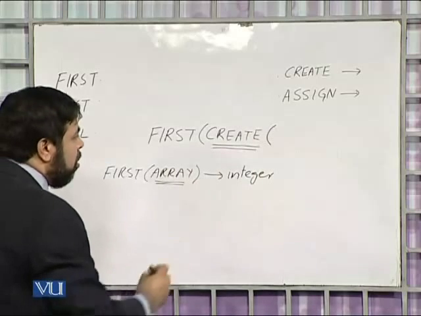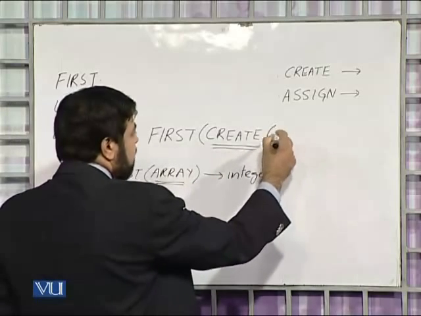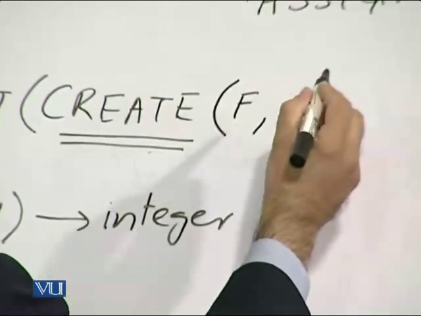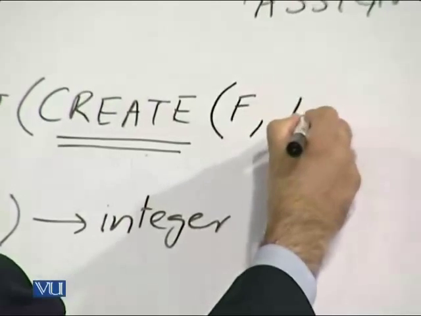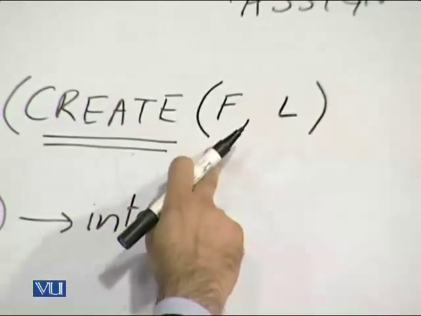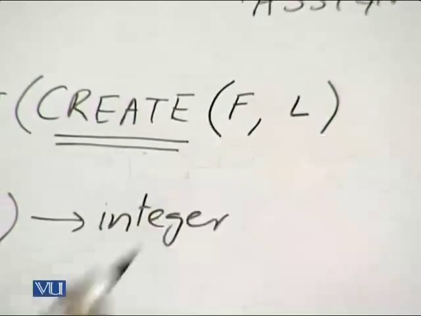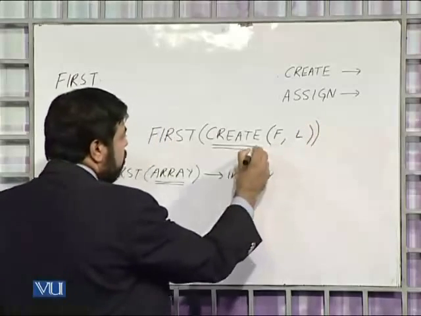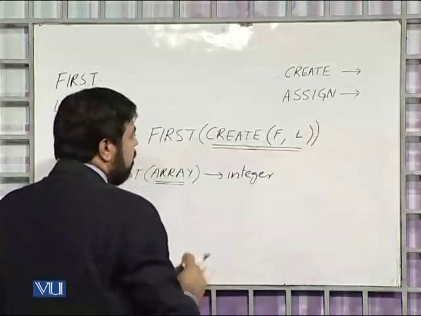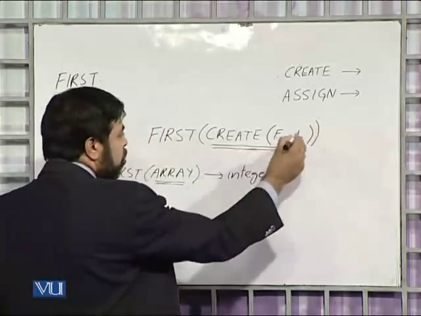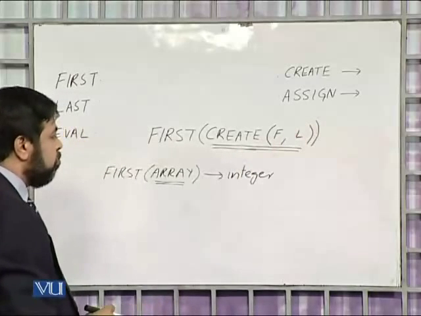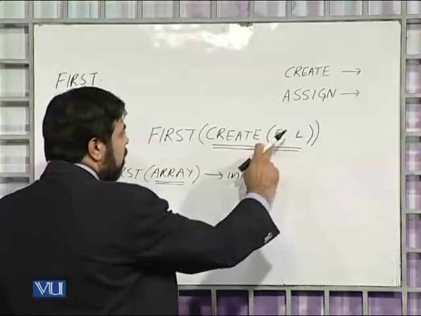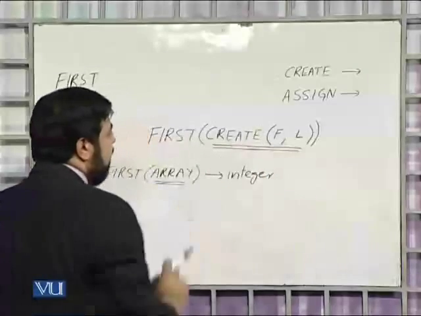Let us call these two parameters f and l, the first and the last indices. These are two integers that you give as input, and you get an array out of this.